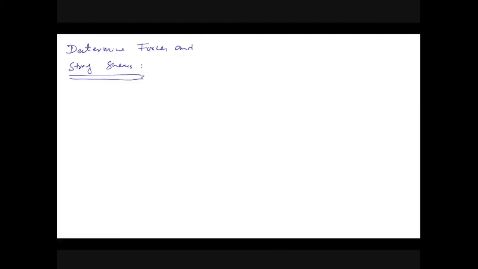So every mode is assumed to be an SDOF. You need the SDOF properties and you need the response spectrum in order to analyze a given mode of a multi-degree of freedom system.